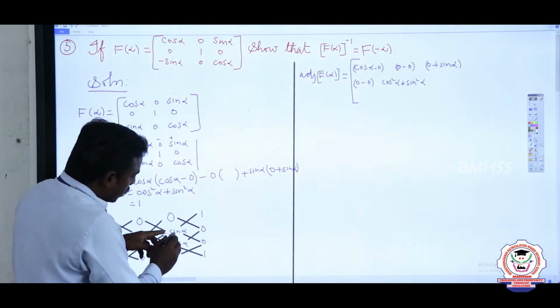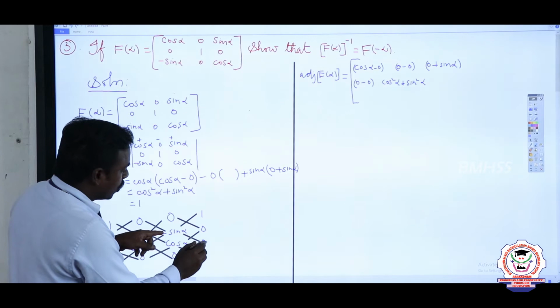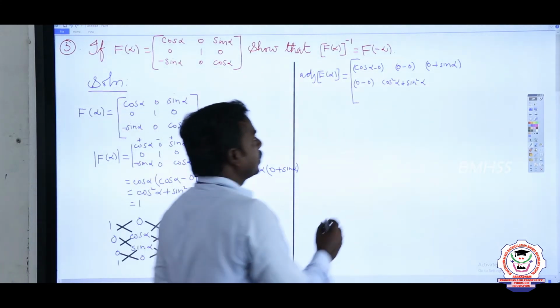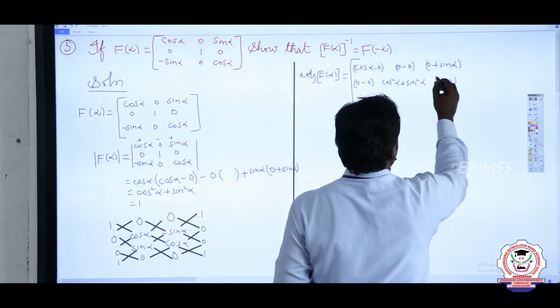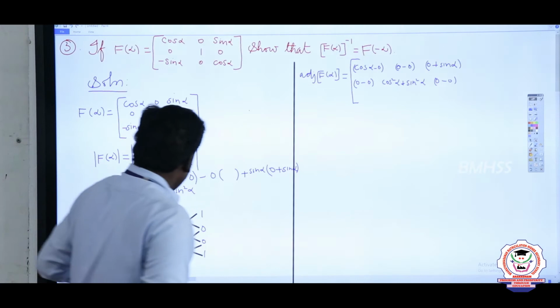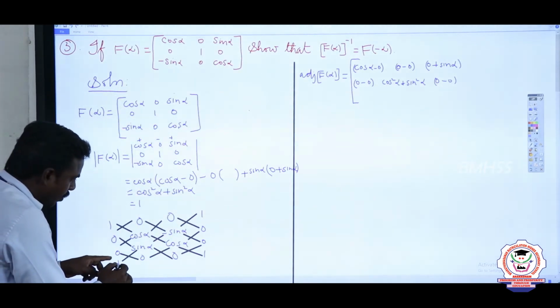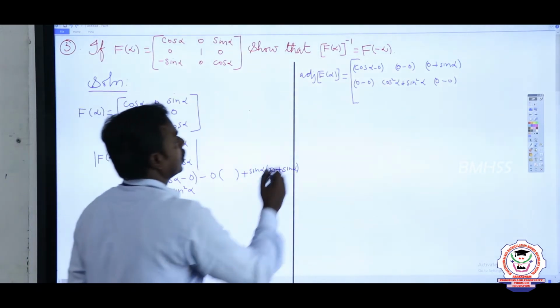The last element of the second row: minus sin into 0, 0, cos into 0, 0. So the last term is 0 minus 0. In the third row, 0 into 0, 0, minus 1 into sin alpha, minus sin alpha.